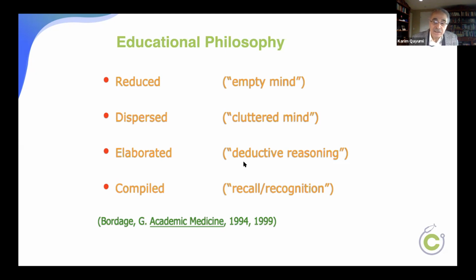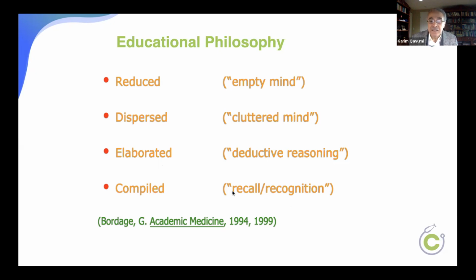It's not because he is now ignoring you. It's because he is working on a different level of thinking, which is called compiled thinking. And compiled thinking is based on recall, recognition, memory.